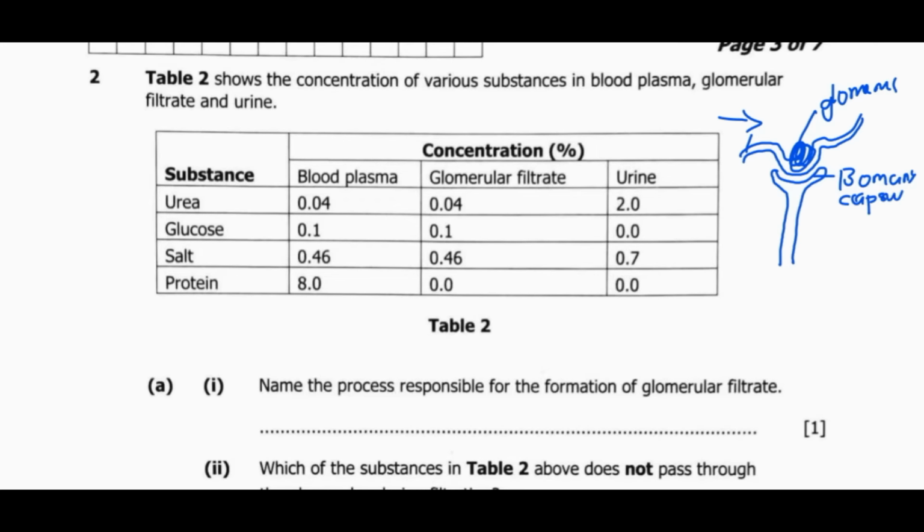The function of the Bowman's capsule is to collect the glomerular filtrate. The glomerular filtrates are substances that are forced out of the glomerulus into the Bowman's capsule. These substances may be urea, a small amount of glucose, salt, excess water. Whenever these substances are collected in the Bowman's capsule, they are now known as the glomerular filtrate.